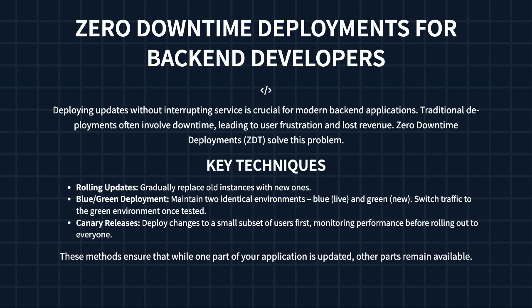There are several techniques you can use, like rolling updates, when new versions of your app are gradually replaced, or blue/green deployments, which involve running two identical environments, one live and one updated. And for a really cautious approach, consider canary releases, deploying the changes to just a small group of users first, so you can monitor things before making it available to everyone. It's all about ensuring continuous availability.